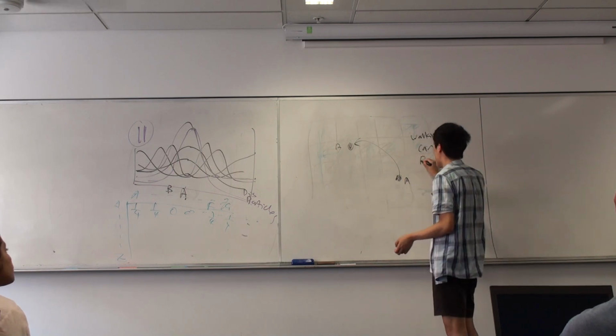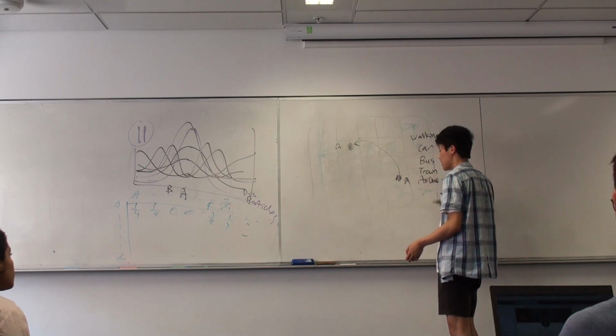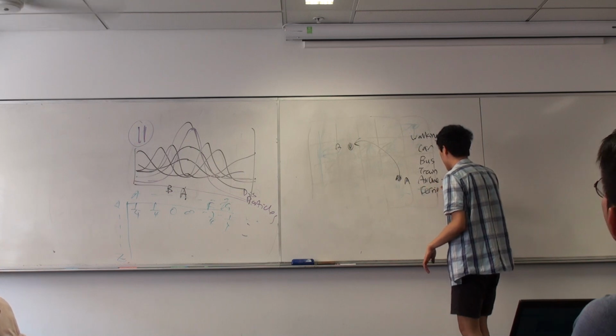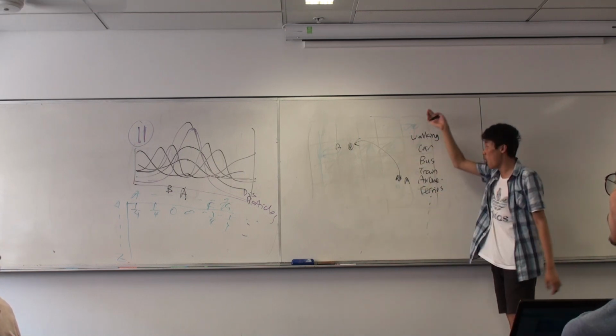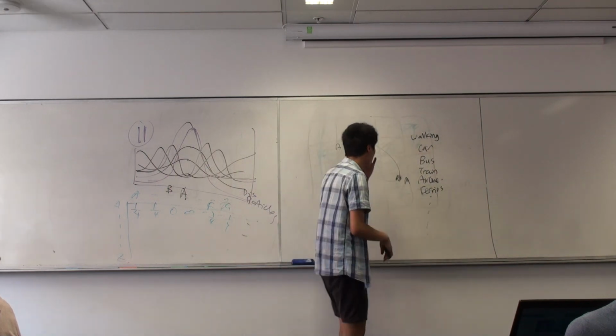You also have to consider bus, train, airline, water ferries, and so on. You have to consider all of these movement behaviors, and then you compute your probabilities.